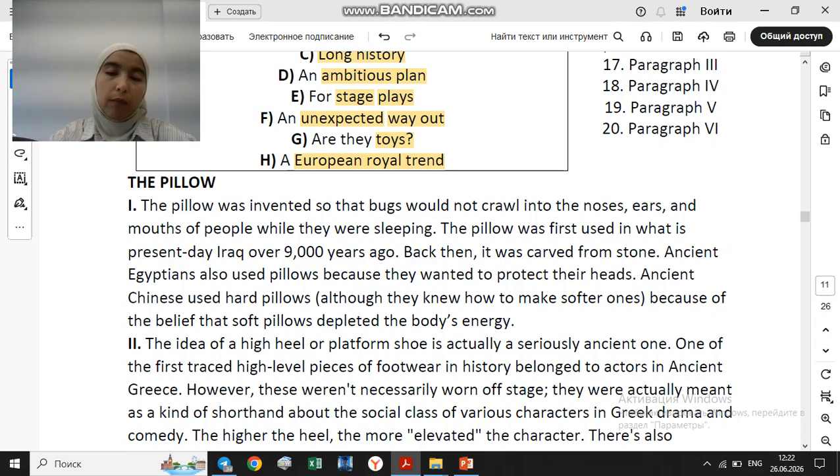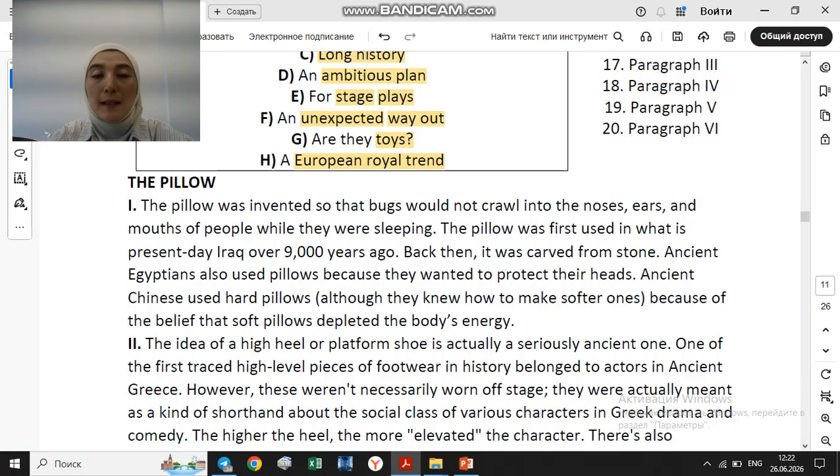So the text is about pillow. Usually, have a look, the paragraph is organized like an essay. The first and second sentences usually are considered to be topic sentences in the paragraph, which means the introduction of the paragraph, like in an essay. And there are three or more sentences as a main body. They give the example, detail, or reason for the idea introduced in the topic sentence.